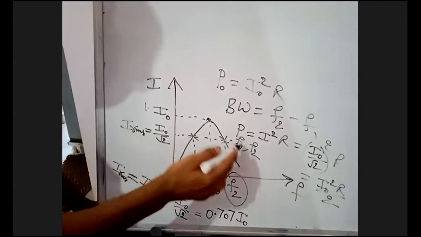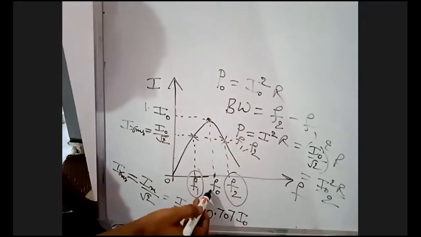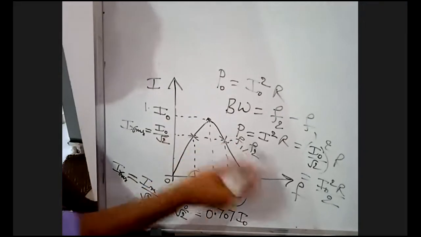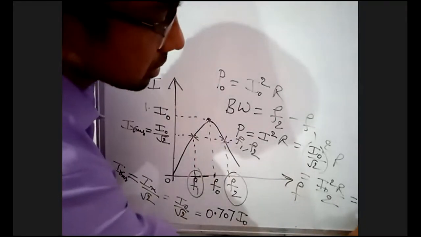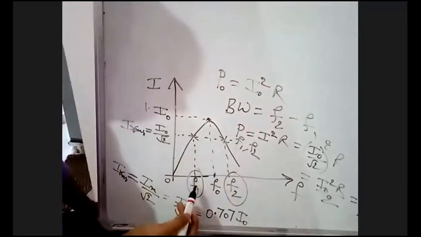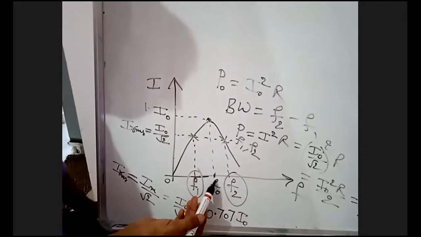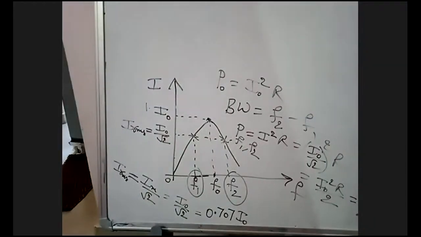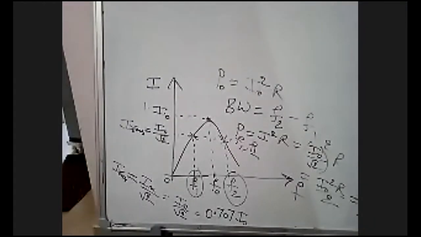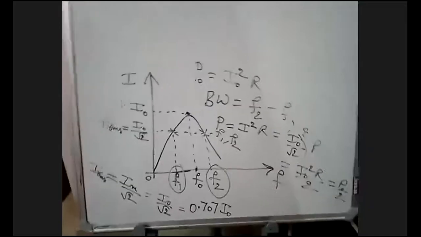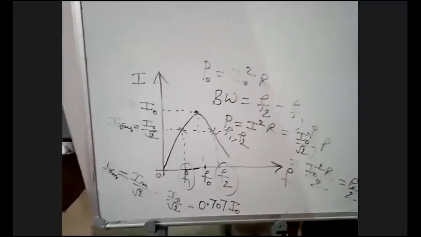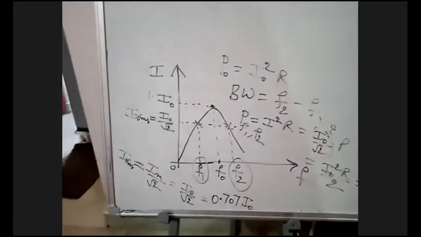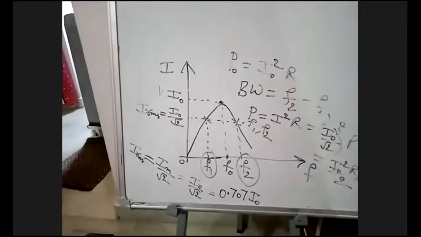At F1 and F2 the power is half of the resonant power, that is P0 by 2.